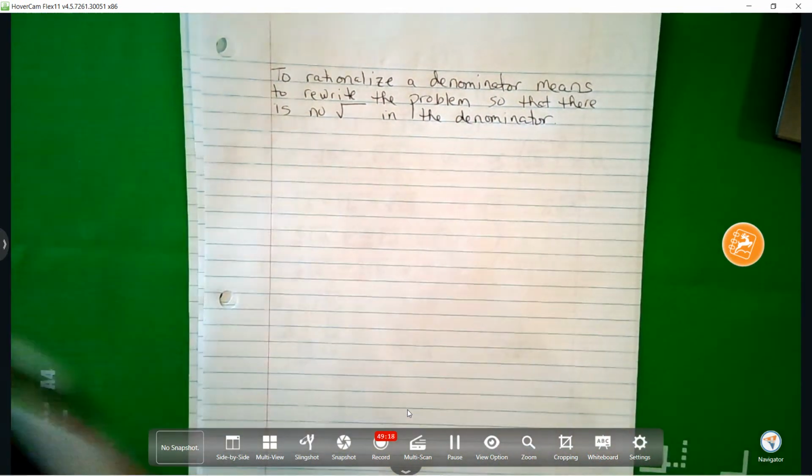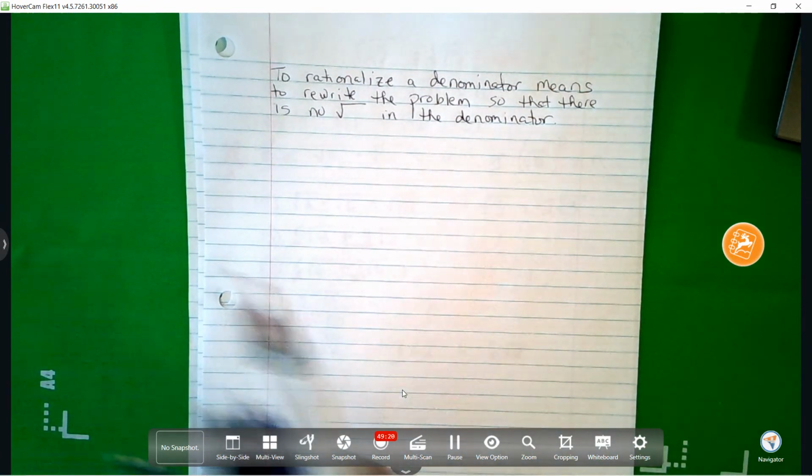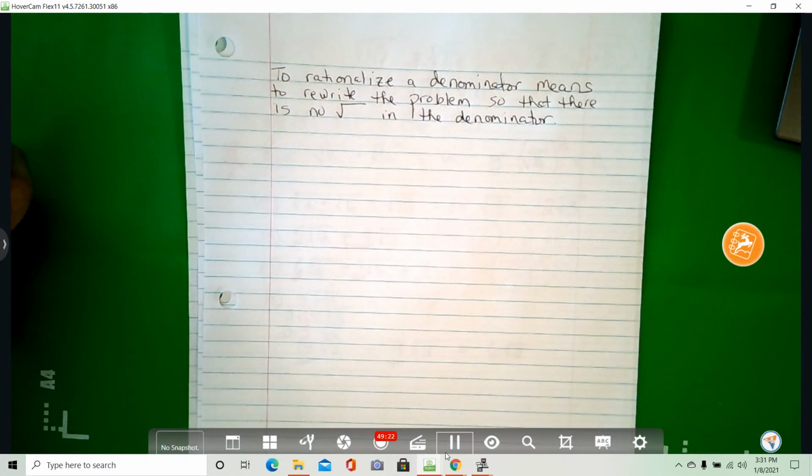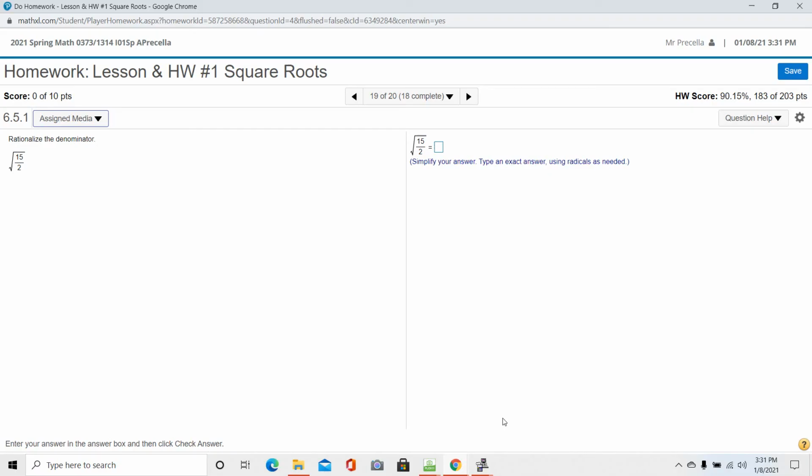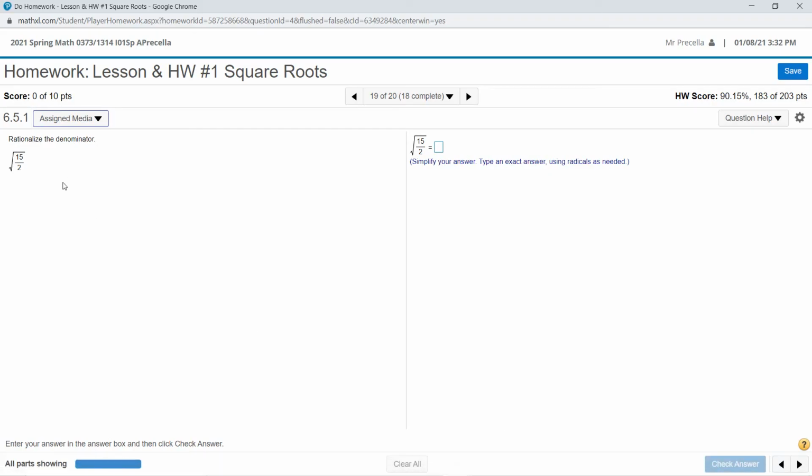And there's a little process for doing that. I'll do problem number 19 to illustrate. It's the square root of 15 over 2.